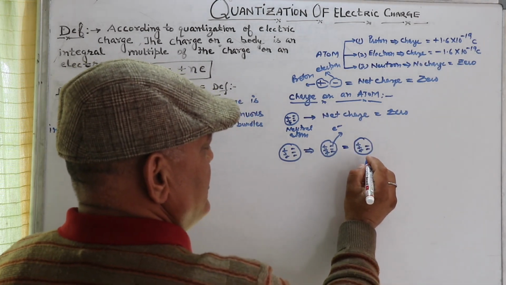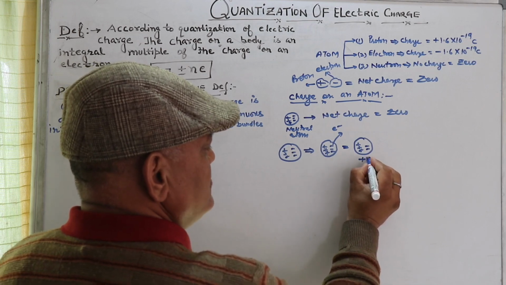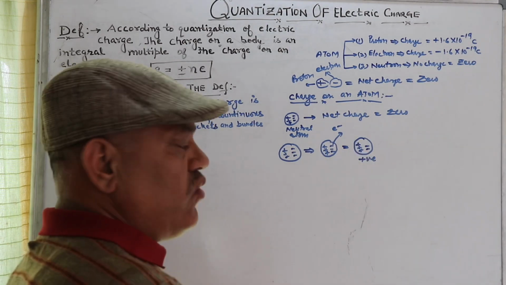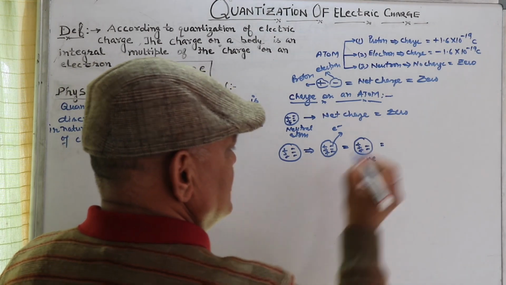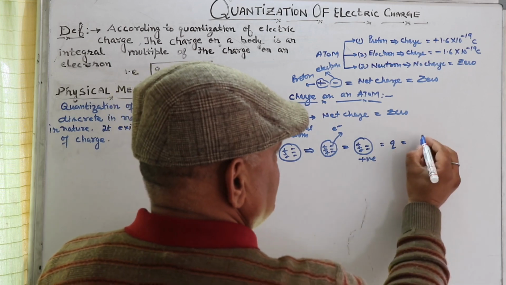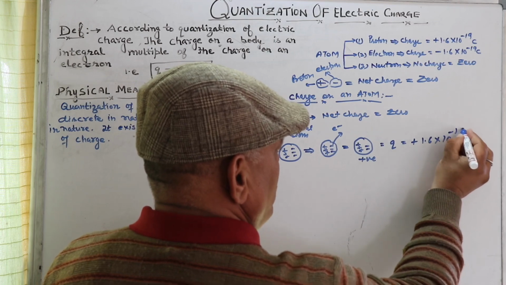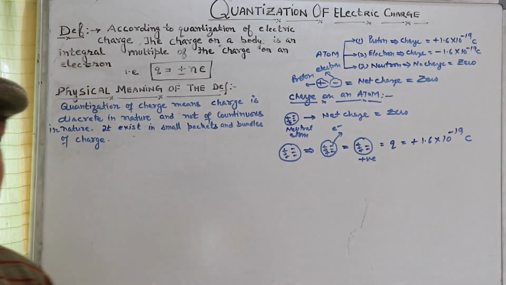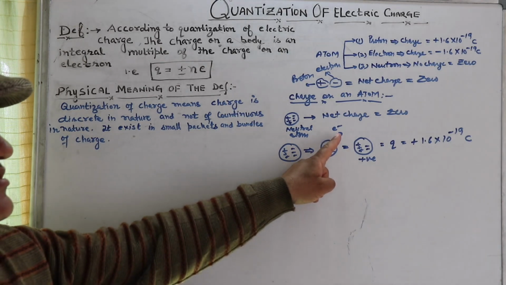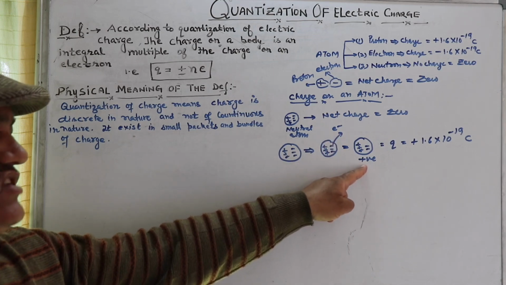So this atom now acquires positive charge due to this one proton, and it has charge Q equal to plus 1.6 into 10 raised to power minus 19 coulomb. It means when a neutral atom loses one electron, then it is converted into a positively charged particle.